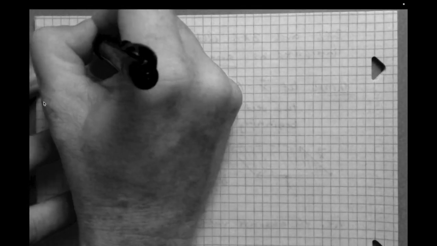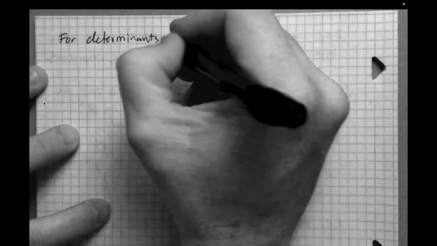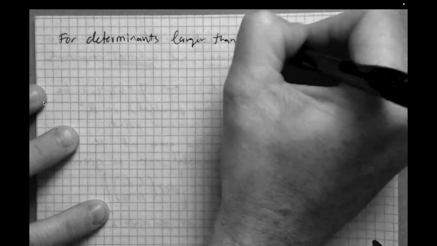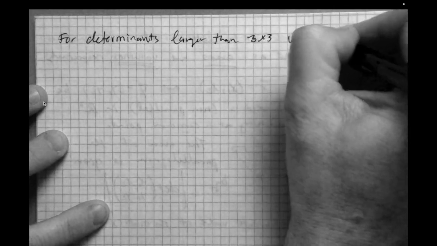So now what we want to do is move further along and discuss determinants of higher dimensional matrices. So for determinants larger than 3x3, we'll need to introduce some new concepts.